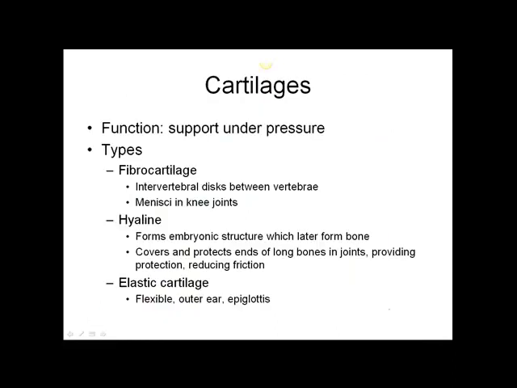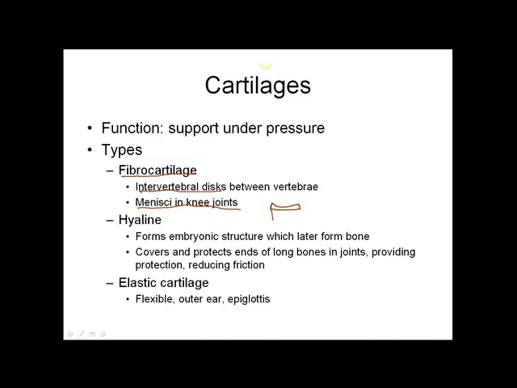So let's go on to cartilages. There are three types: fibrocartilage, hyaline cartilage, and elastic cartilage. And they'll serve different functions. The fibrocartilage, I want you to know where these exist in the body. Fibrocartilage: intervertebral disc, and the menisci in your knee joints. A meniscus looks like that.